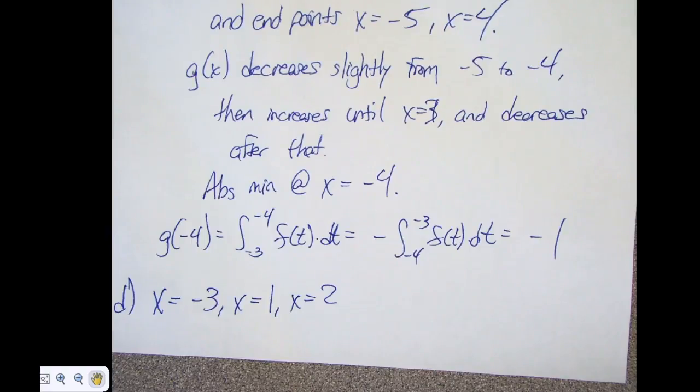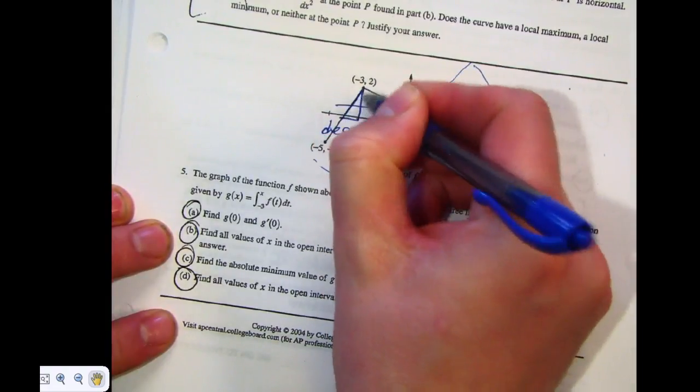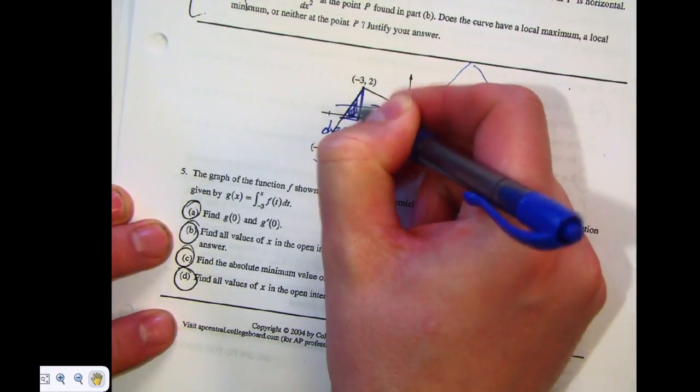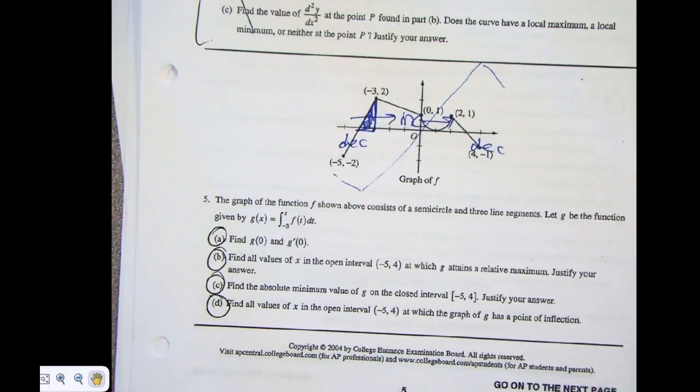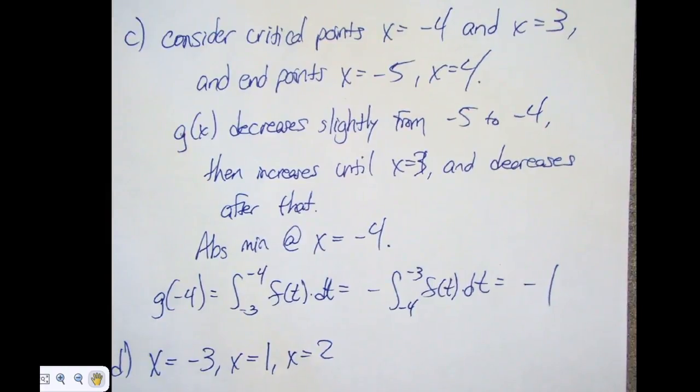So how did I find that it was 1? Where did I get the 1 from? The 1 is the area between -3 and -4, so it's the area of that little triangle there. But because they flipped the direction of the signs, it's not 1, it's negative. That was tough.